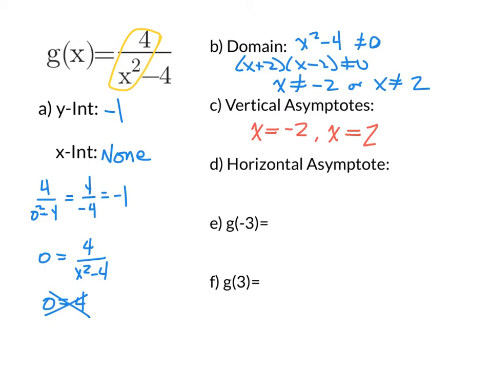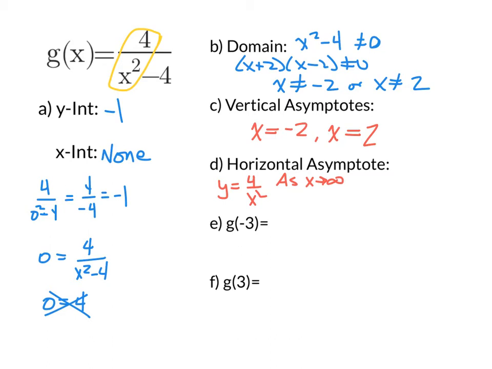In order to identify the horizontal asymptotes, we go back to the first terms of the numerator and the denominator. And we look at this fraction, 4 over x squared. And we want to think about what happens as x approaches infinity. That's because an asymptote is that line that our graph is going to approach way out at the extremes.